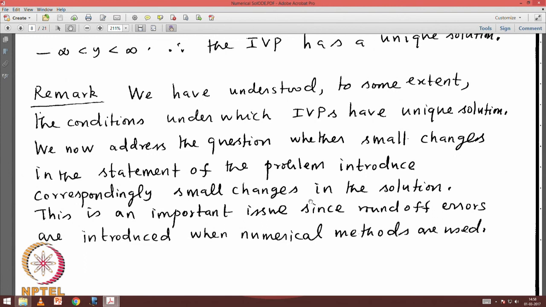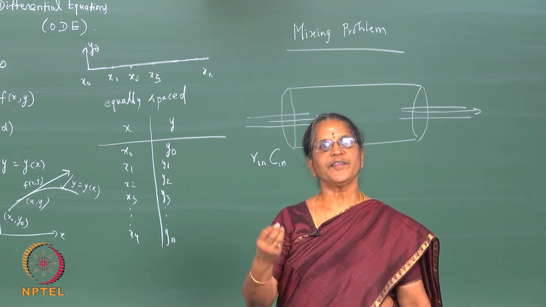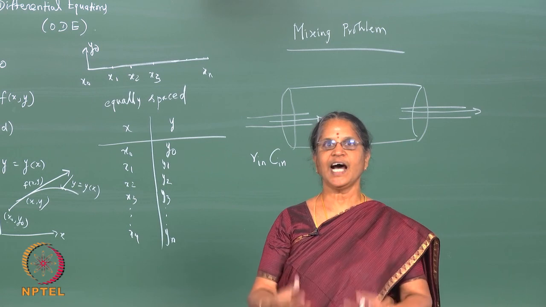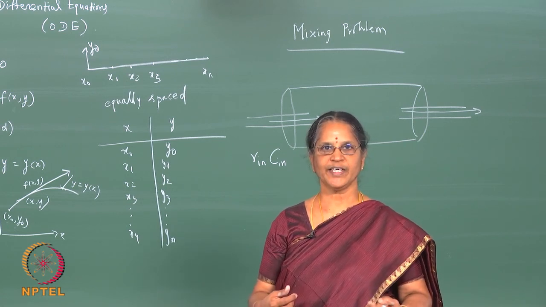There is one more thing that has to be addressed, namely what happens if I give small changes to the initial value problem and the initial condition. Will there be large deviations in the resulting solution?